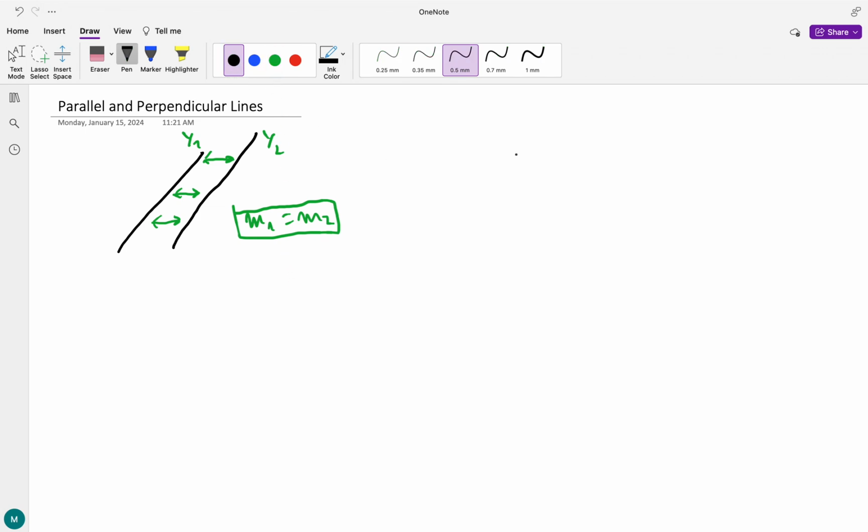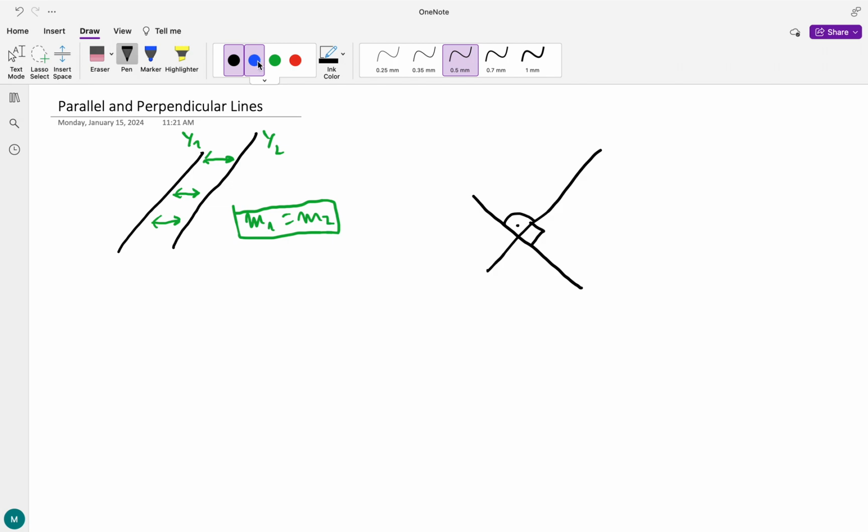Okay, now let's consider another pair of lines, in this case, perpendicular. Perpendicular lines are lines that intersect at a right angle. Depending on where you learned math, most of you are acquainted with this label for a right angle, but for some of the people that are from Europe, this is also a label that is very commonly used for the right angle.